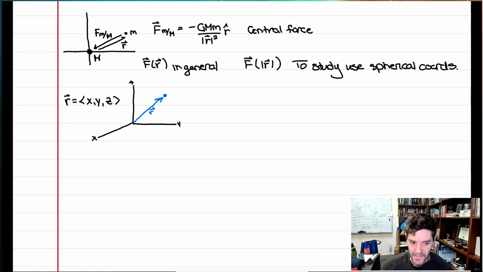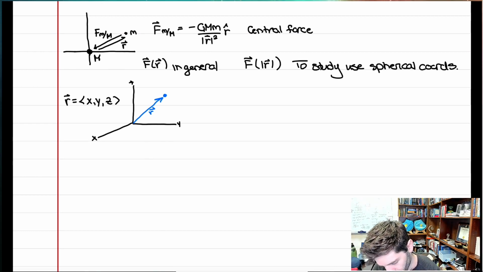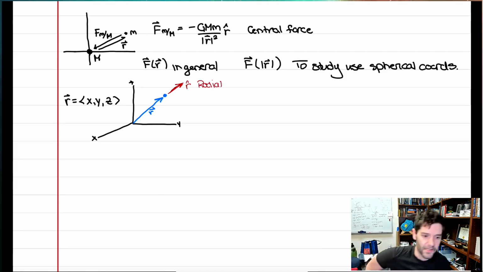And so what axes am I going to use in this case? For polar coordinates, we had the radial, and then we had the tangential, and then we added in the z for cylindrical. For spherical coordinates, we're going to use, again, the radial, but now this is a three-dimensional radial. So I'll use r hat for that case. So there's the radial dimension, the direction that always points away from the origin.